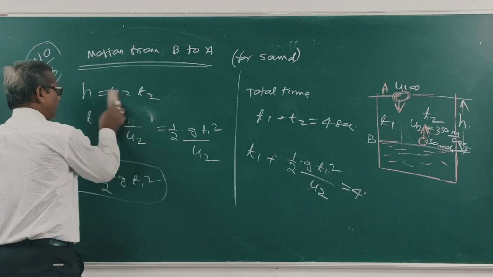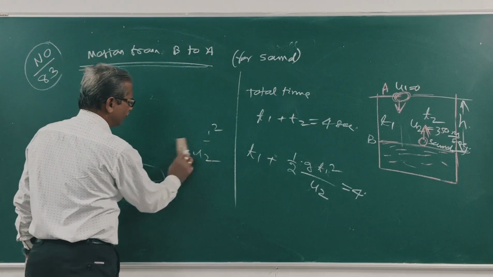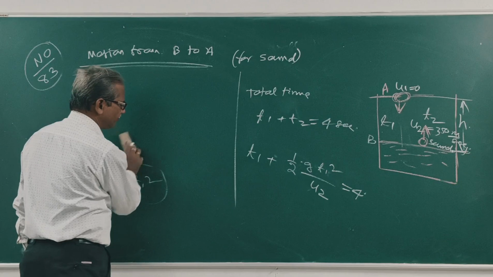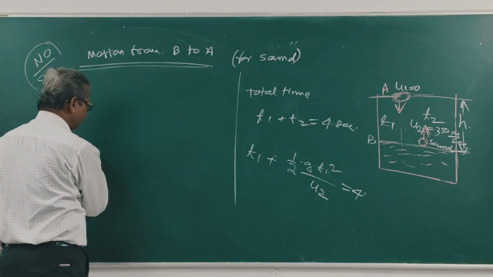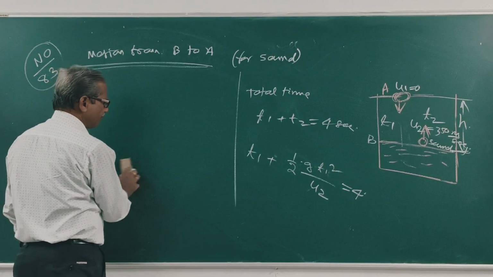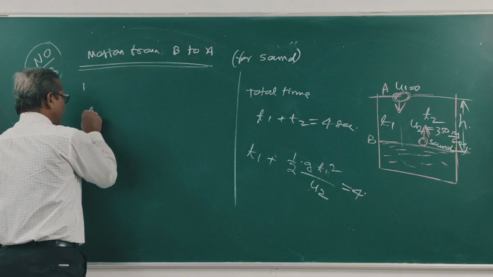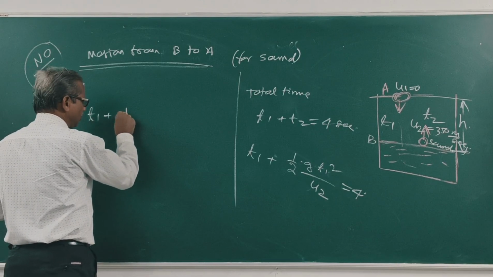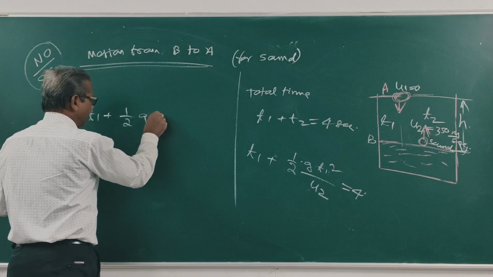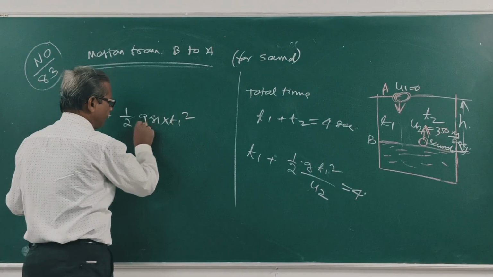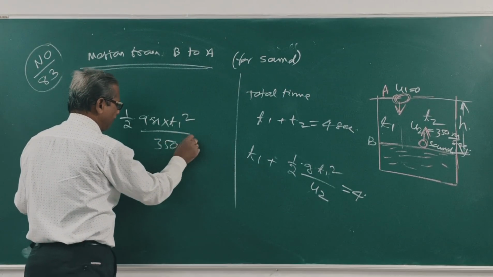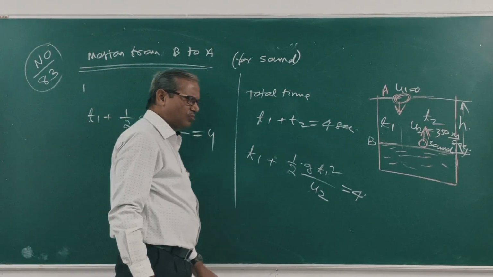Now T1 plus half, 9.81 T1 square by 350, equals 4. Clear?